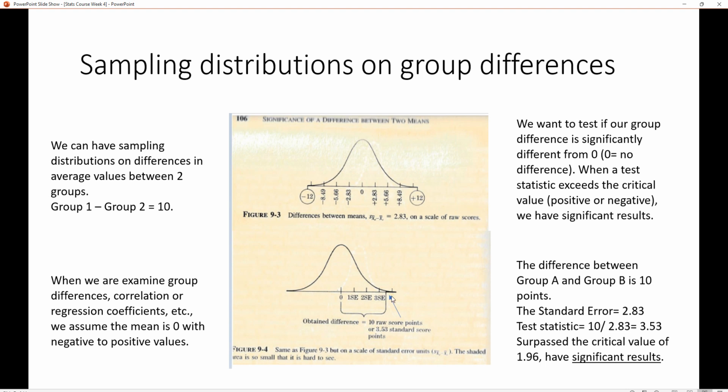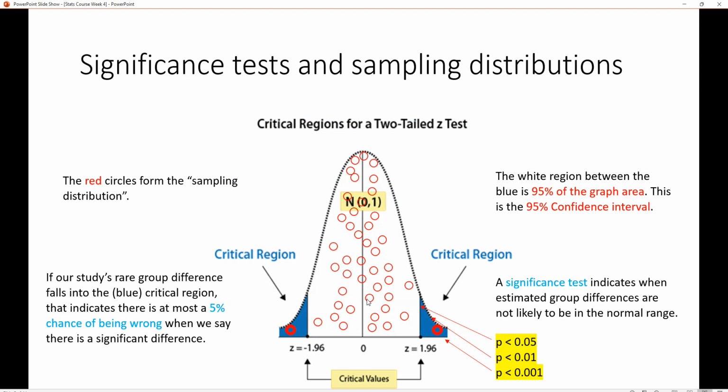So it's out here where things began to look significant at that 2 standard error range. And looking at another graph, this is about where our value falls in a graph, kind of where this big red circle's at right now.